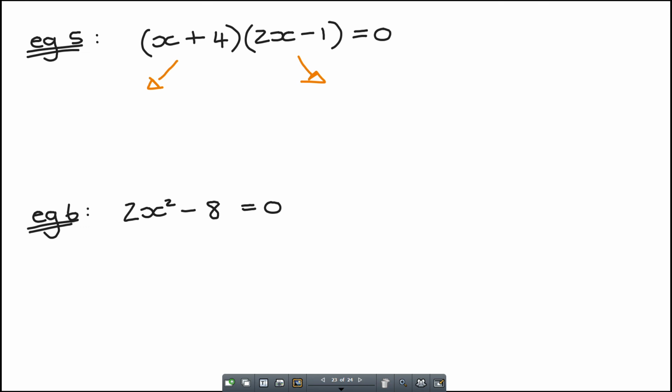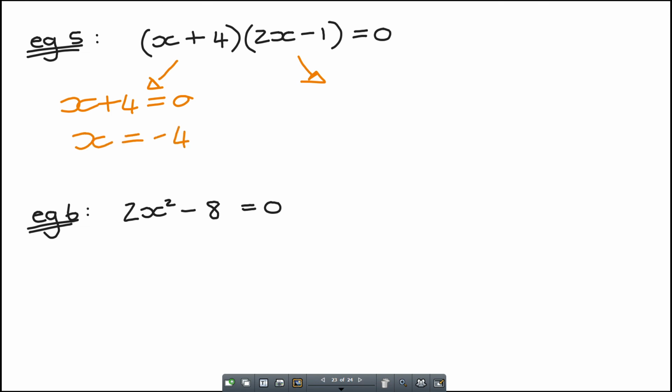Step 1 is I make sure everything is on the left and it's equal to 0. Is that the case? Okay. Step 2 was factorize. I didn't have to because it was already factorized. Then step 3 is make each bracket equal to 0. So x plus 4 equal to 0, which means that x will be minus 4.